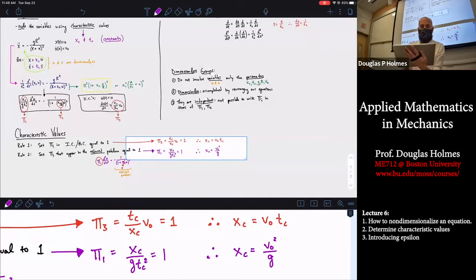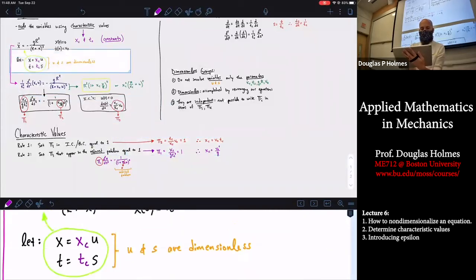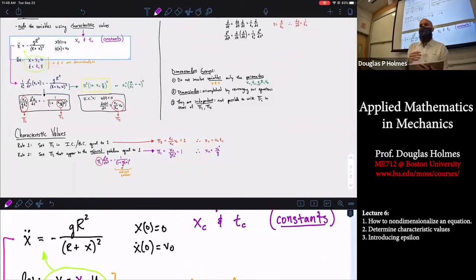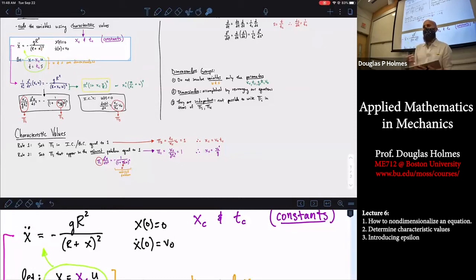So if we think back to what we're solving, we're saying the second derivative of the height of the ball with respect to time is equal to this stuff over here. So some combination of gravity, the radius of Earth, and it's nonlinear because of the appearance of this squared x term on the right-hand side of the equation.